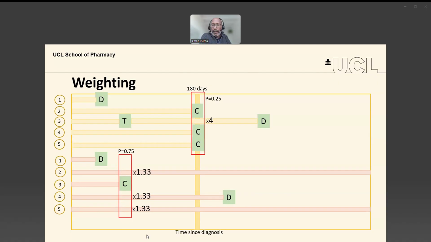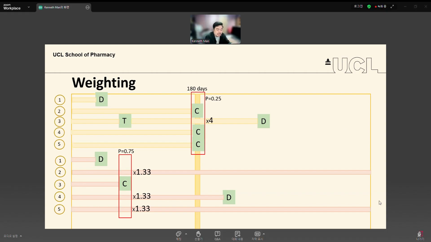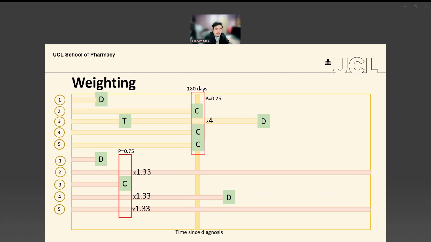Yes and no, but you could use both together technically, especially after the grace periods in your clone censor weighting setting. G-computation, if I put it in a very naive way, was originally built mainly to tackle time-varying factors or time-varying confounders.